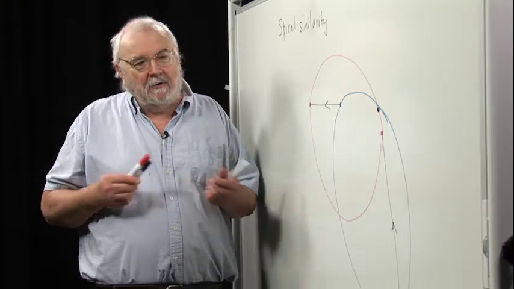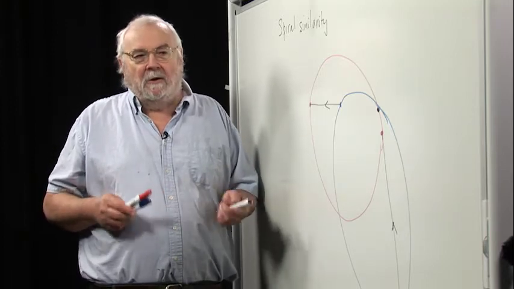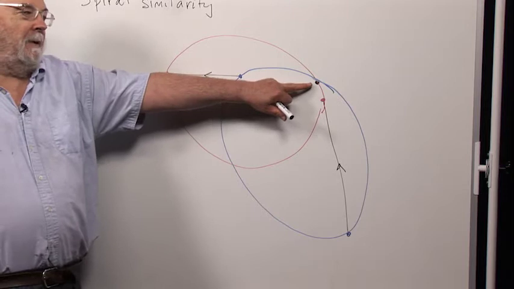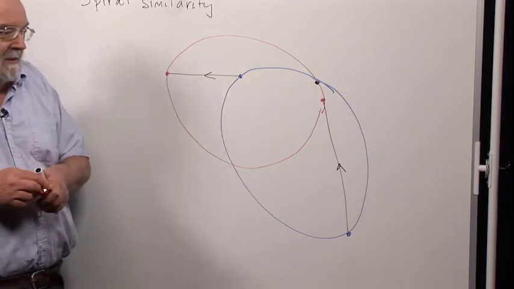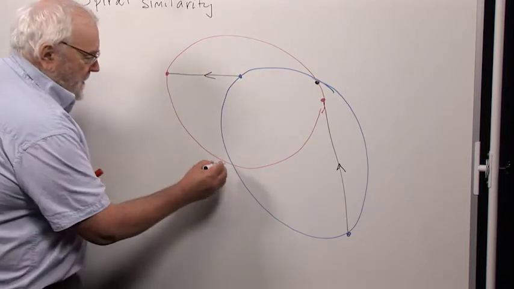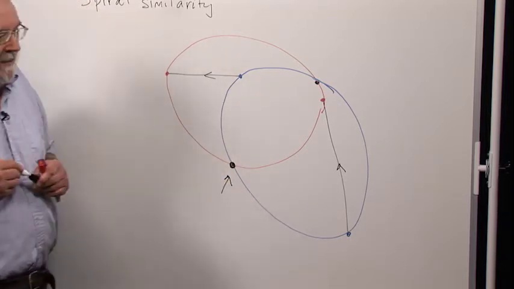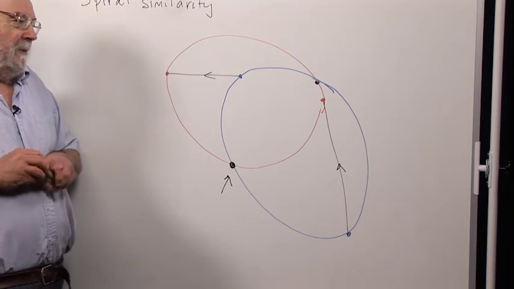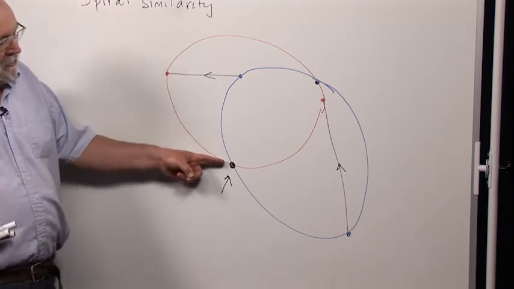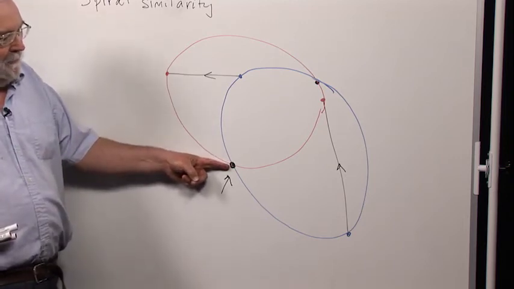Now these two circles, the red circle and the blue circle, cross at least once. They cross at the black point, but they therefore cross somewhere else. There. And that turns out to be it, the center of spiral similarity. Can you imagine using this as a kind of pivot?